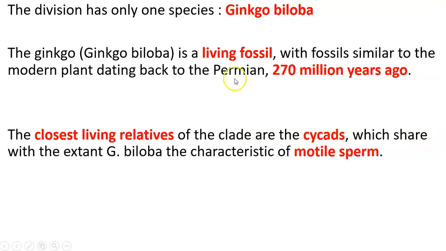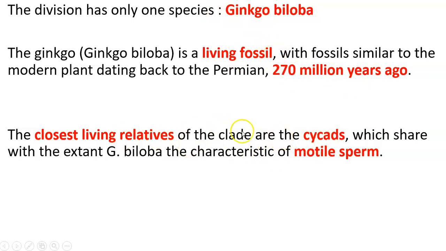There is only one species within the Ginkgophyta, that is Ginkgo biloba. It's called a living fossil because we have found fossils of this species more than 200 million years old, and it is still living now.